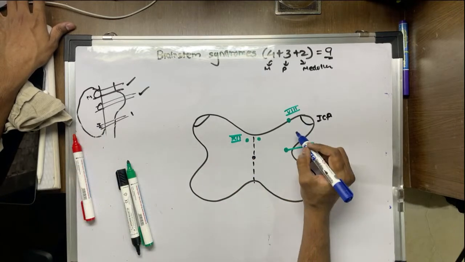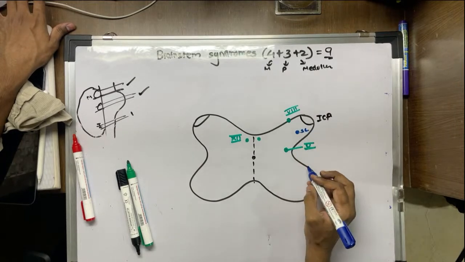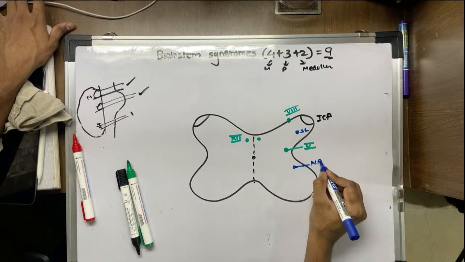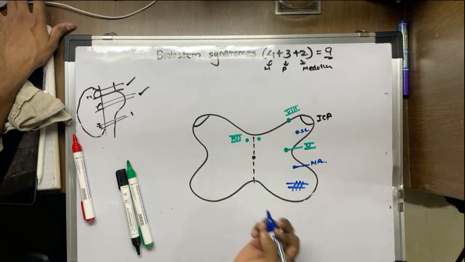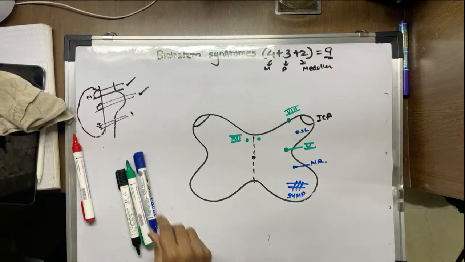Now, this is basically the spinal lemniscus. This is one nucleus called nucleus ambiguus, and this is the sympathetic trunk. I'm going to write it as symp.